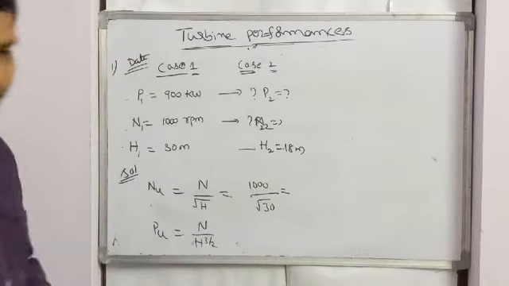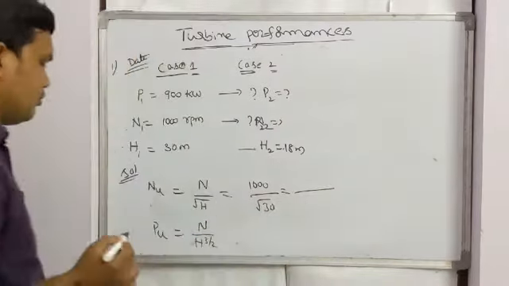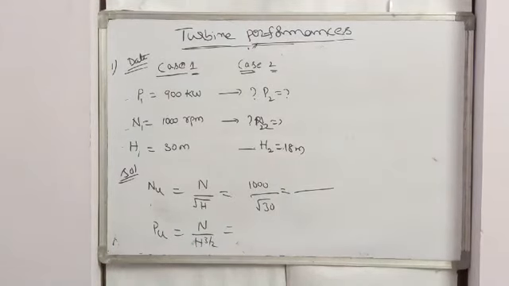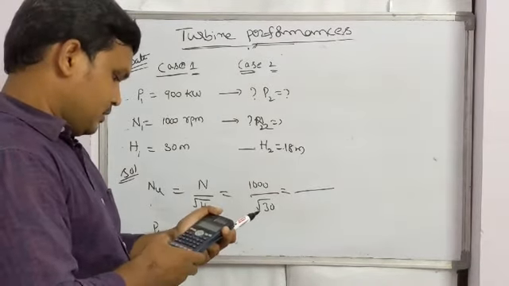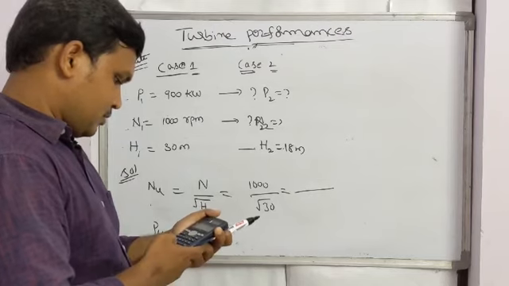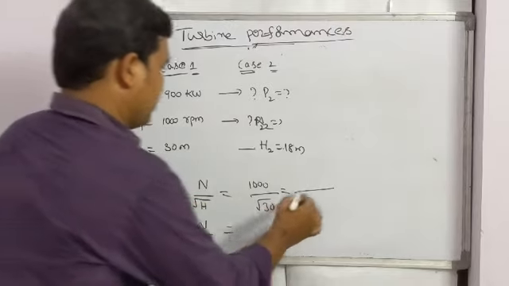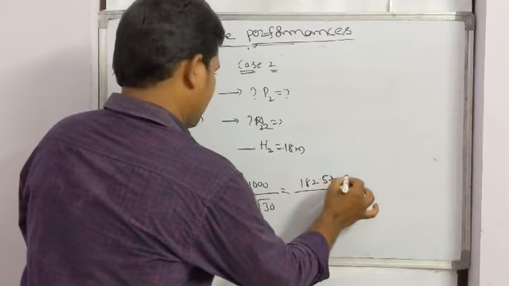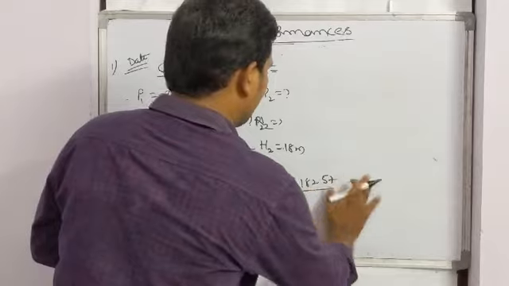So calculating the unit speed: 1000 divided by root 30, we get 182.57. Unit speed doesn't have any units.